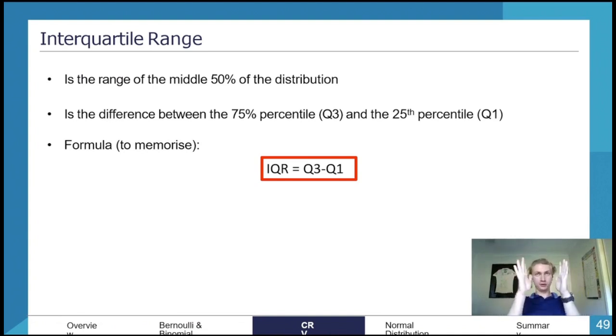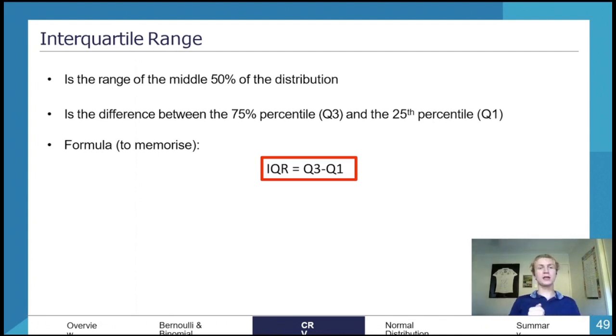So if you were to only look at the middle 50% of the values, if they were in order of x, what is that range, and it helps to show how much spread we've got. And we can actually use it, as I'm sure you know in biology and chemistry and physics, to remove outliers if they're too far outside. But you don't need to know that as I'm aware.